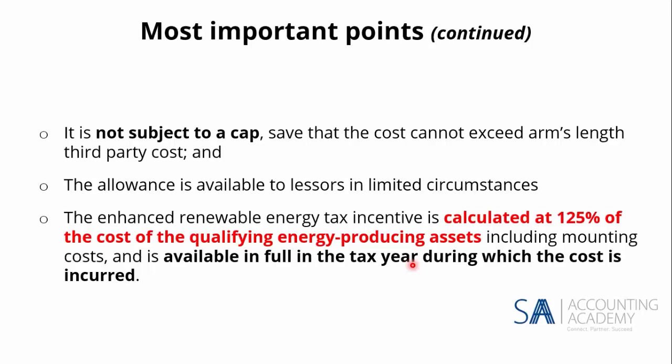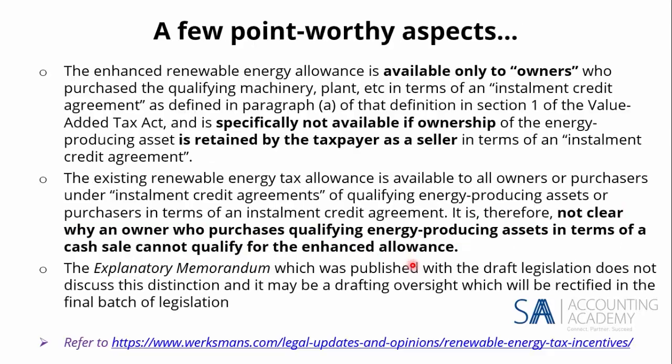And that then brings us to a few of what I like to call point-worthy aspects. It's implied in here that this enhanced allowance is only available to owners. So if you purchased your qualifying machinery, plant, whatever, in terms of an installment credit agreement, that would be fine because the ownership passes to you.